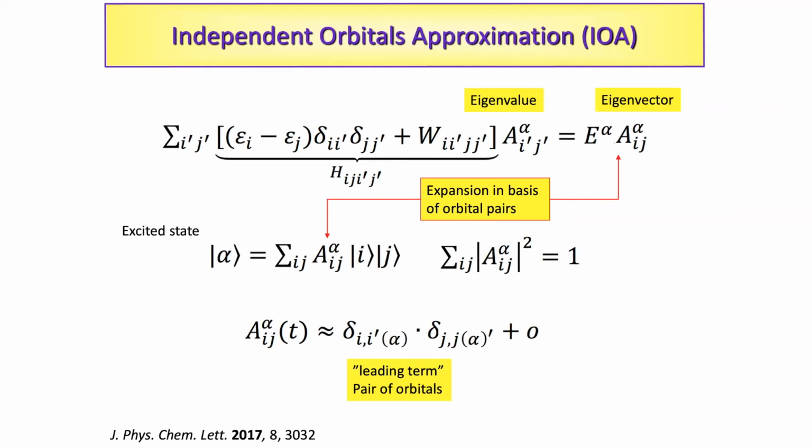And if there is a proof, or at least a hope, that in this series of expansion coefficients there is a leading term which is substantially bigger than the other ones, then one can assume the excited state consists of only one electron-hole pair. It is not a general approach, and it is rarely available, but sometimes one can do some interesting qualitative analysis based on this approximation, and one can call it the independent orbitals approximation.